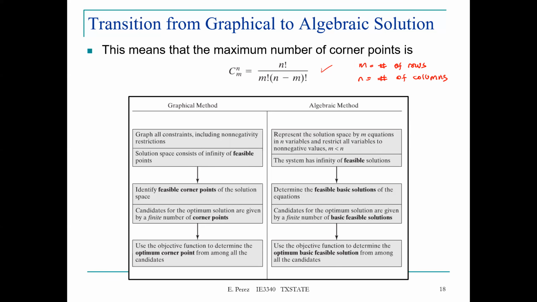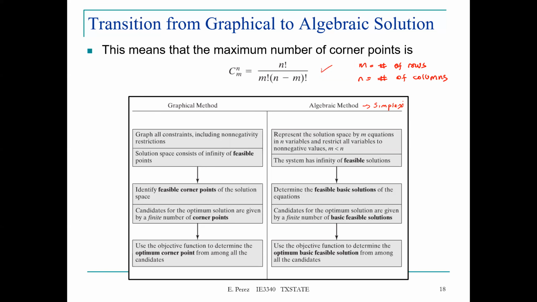And in these flowcharts, we have the comparison between the graphical method and the algebraic method. The algebraic method is the base for the simplex algorithm. The graphical method, we explained in a previous video lecture. You graph all constraints, including the non-negativity restrictions.